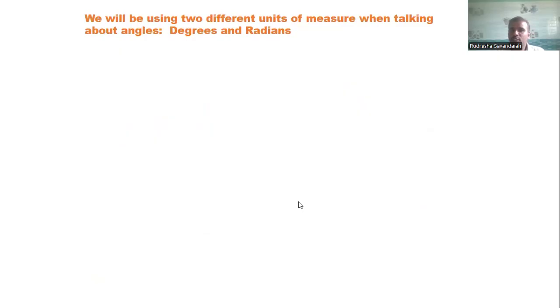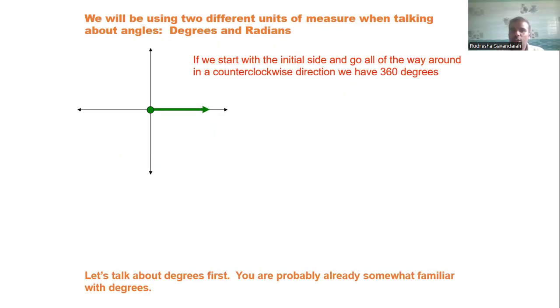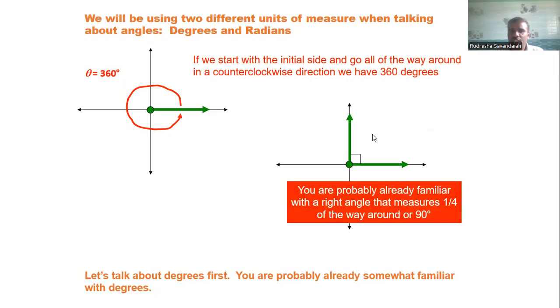We will use two different units to measure angles: degrees and radians. If we start at the initial side and go all the way around in a counterclockwise direction, we have 360 degrees. You start here at 0 and go to 360 degrees.